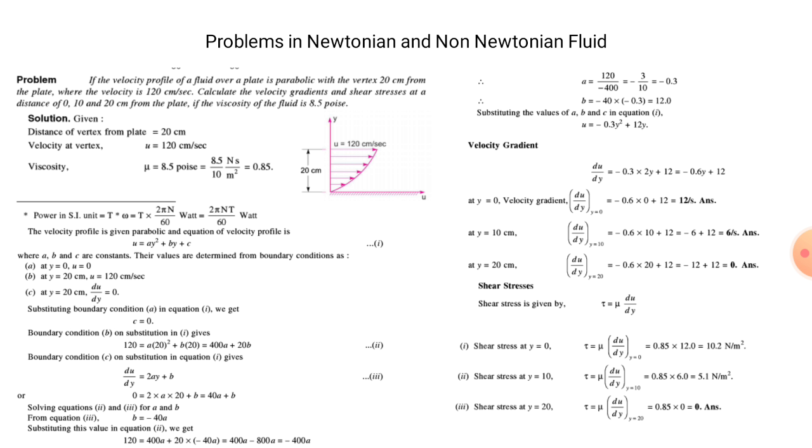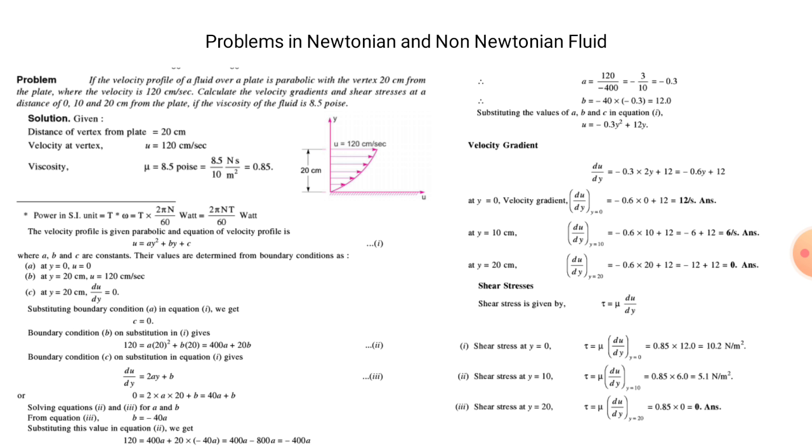At y is equal to 10 centimeter, du by dy is equal to minus 0.6 into 10 plus 12 is equal to 6 per second. At y is equal to 20 centimeter, du divided by dy is equal to minus 0.6 into 20 plus 12 is equal to 0 per second.